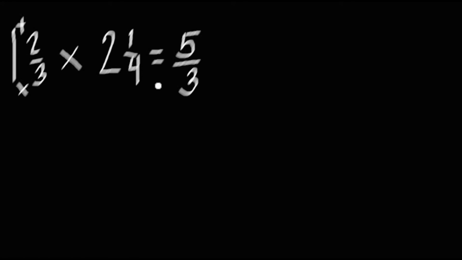Okay, same procedure for our second mixed number. We have 4 times 2 equals 8 plus 1 equals 9. 9 will be our new numerator for our second fraction, and 4 as our denominator.